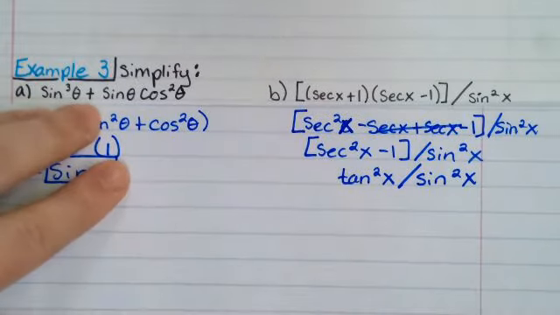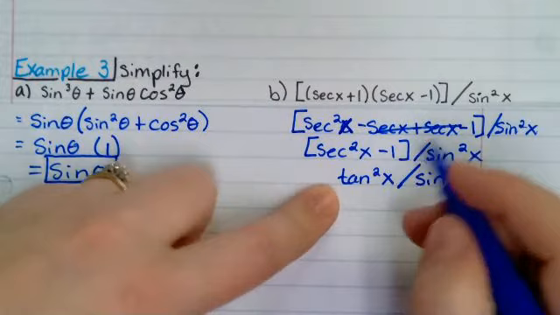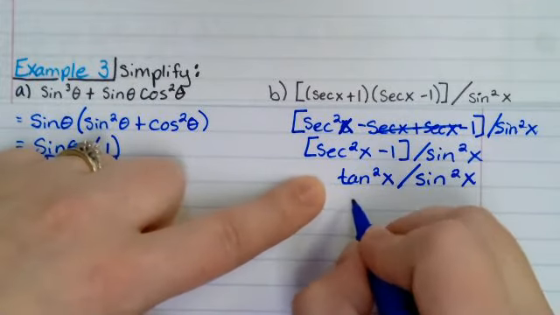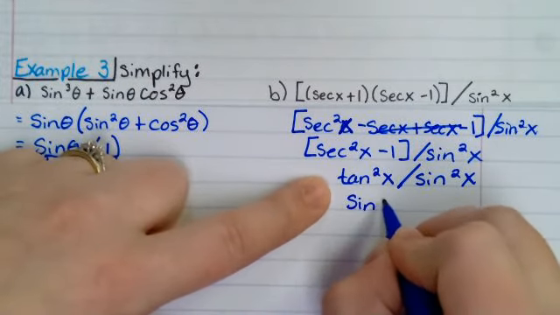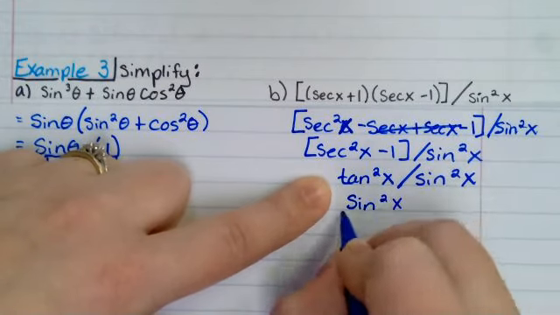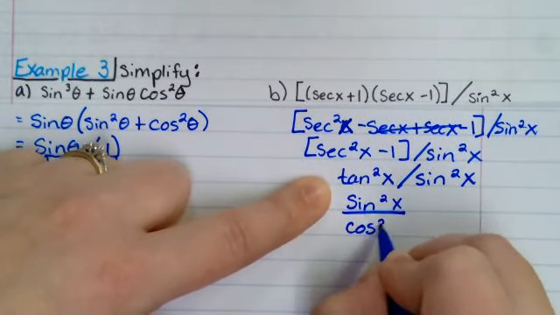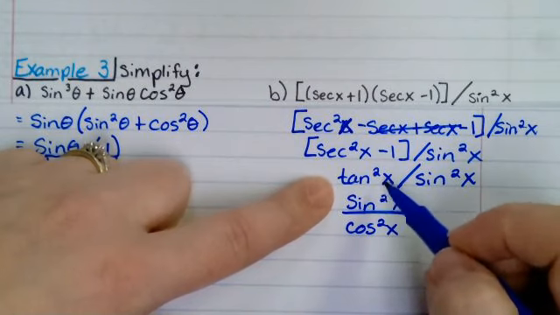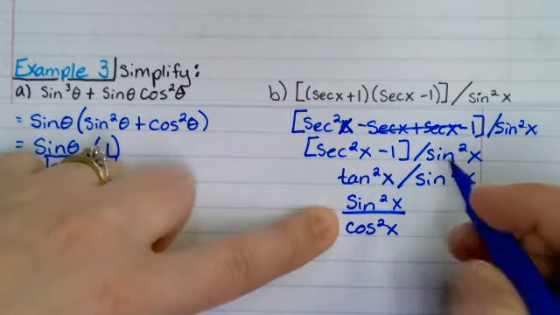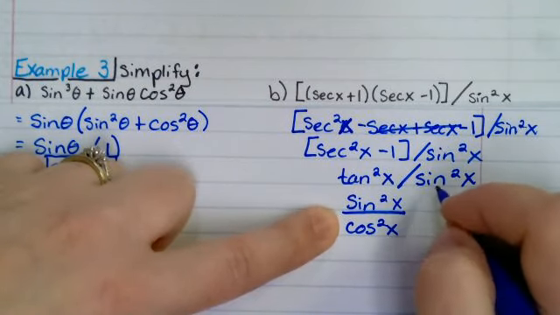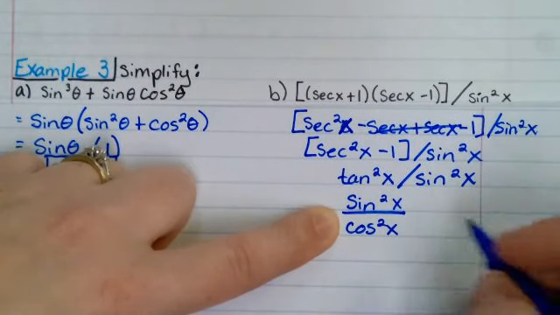All right, you might be thinking I can't do anything else, but you can. Tangent can always be written as sine over cosine. So tangent squared can always be written as sine squared over cosine squared, and we're dividing this by sine squared.